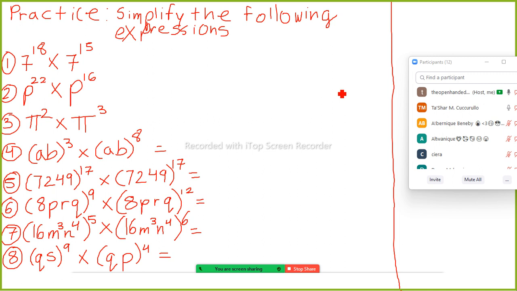I didn't realize I had that twice. 8prq raised to the 9th times 8prq raised to the 12th, 16m cubed n to the 5th power, all raised to the 5th times 16m cubed n to the 4th power, all raised to the 6th. qs raised to the 9th times qp raised to the 4th power. Those are your questions. You have 1 minute left, just about. Take full advantage of that time.